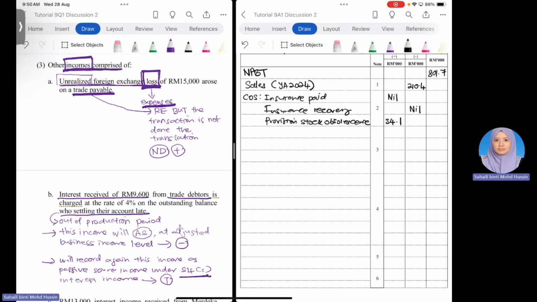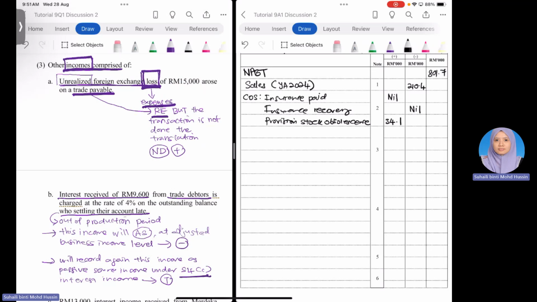Why is this expense related to the trade payable? We know that this is a revenue expenditure, because it's related to your product. You purchase the product from your creditor on credit in another country, so we have the trade payable and involve the foreign exchange. When it's revenue expenditure, supposedly the amount is allowed for deduction.